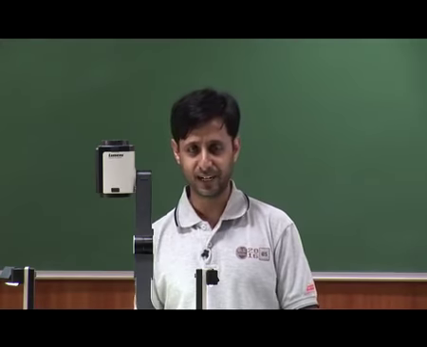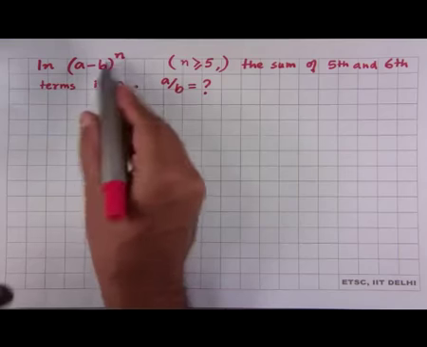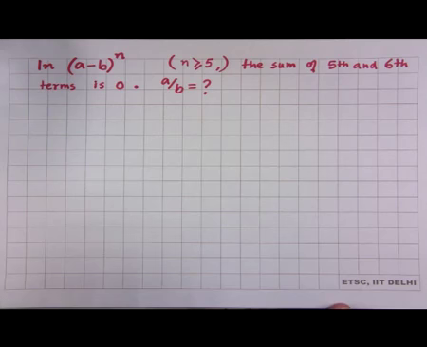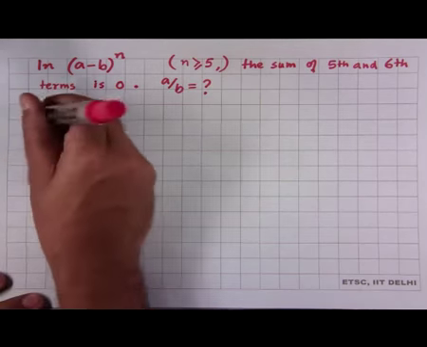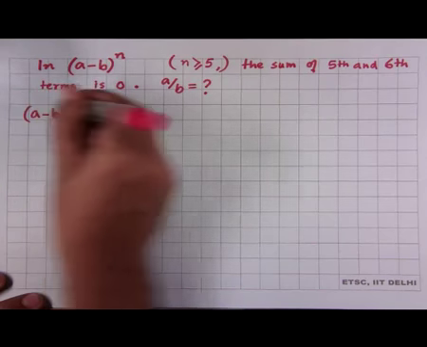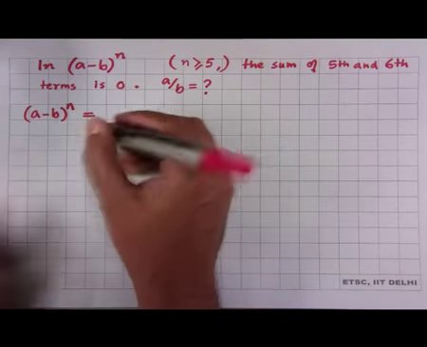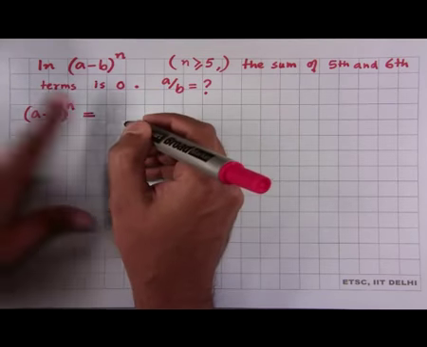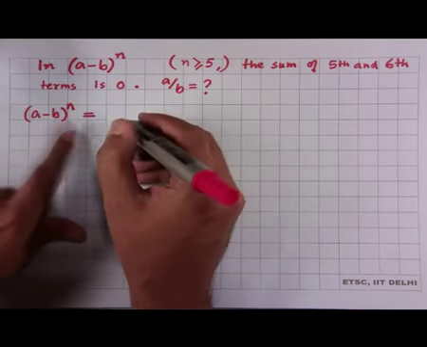This is actually not very hard. A minus b whole power n. Break it up, the sum of 5th and 6th terms. What is the first term? You choose all n's and all a's and no b's.